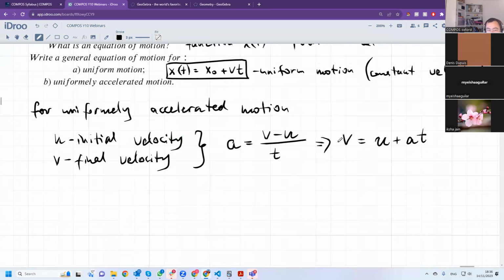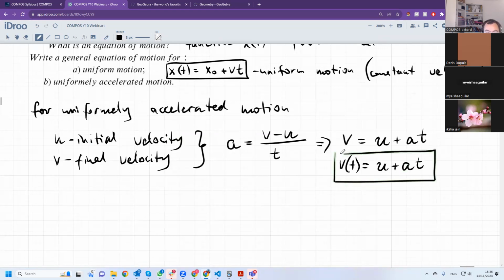And if you are observant, you will notice that this does look very much like an equation of motion. It looks very much like this one, because you can say that v of t is equal to u plus acceleration multiplied by time.